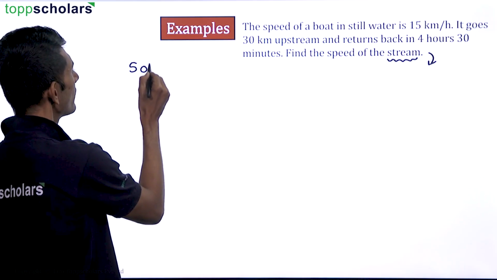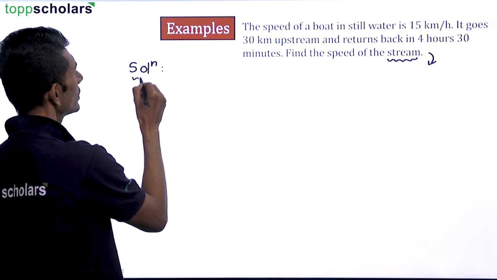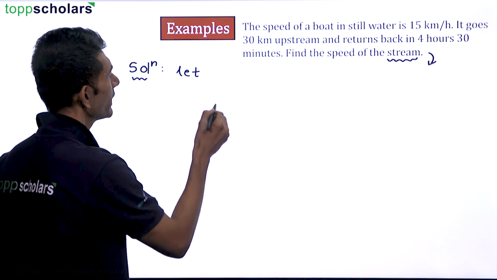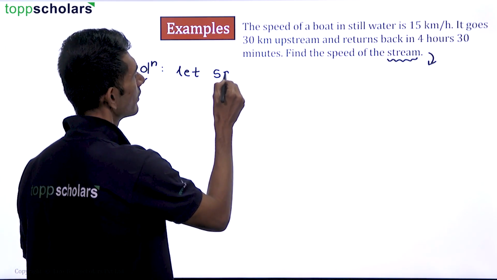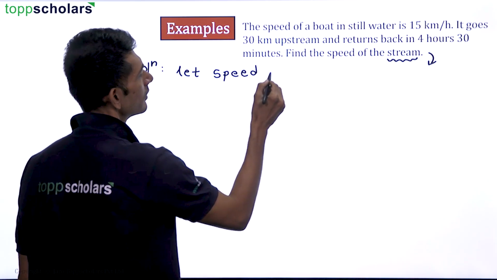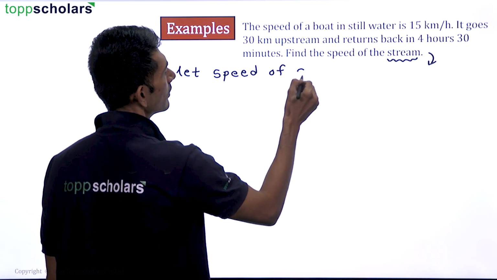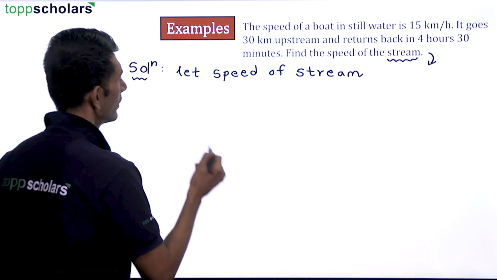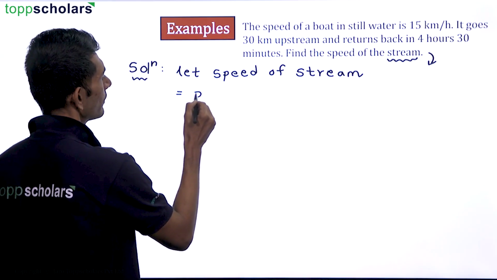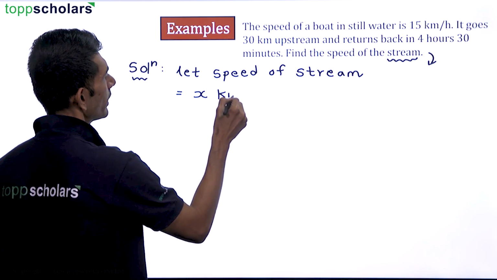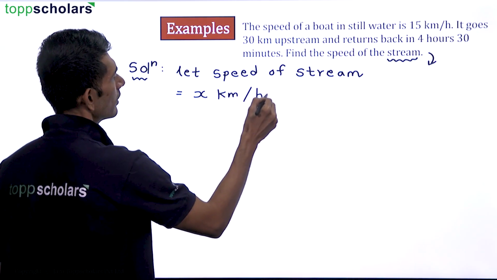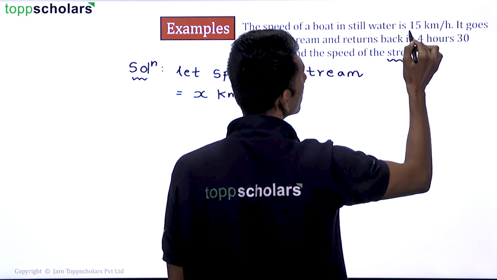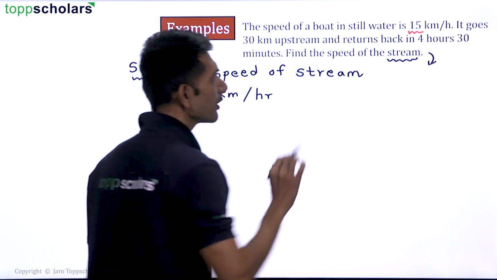So how are we going to start? We're going to start by: let the speed of the stream be x kilometers per hour. Here the speed in still water is 15 km per hour.